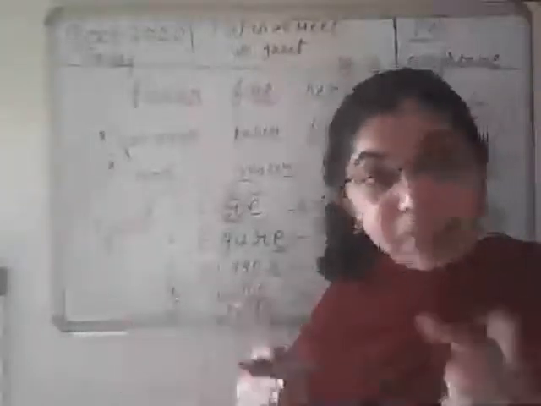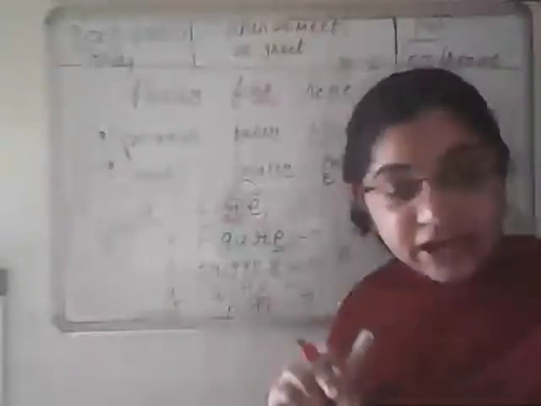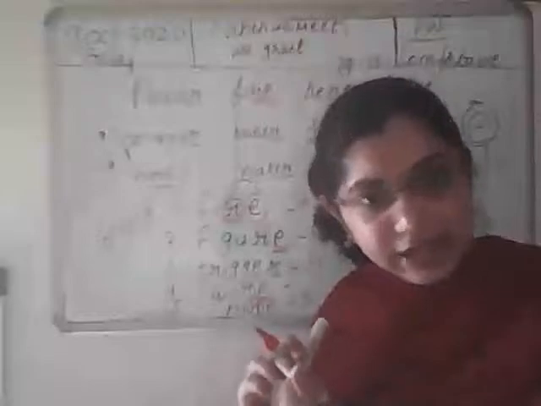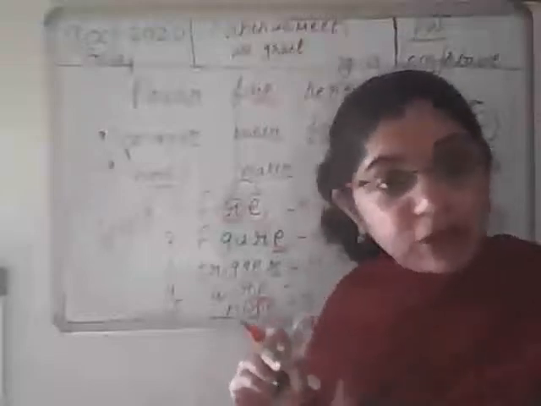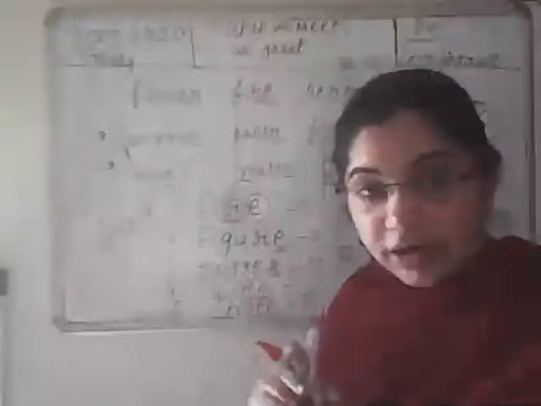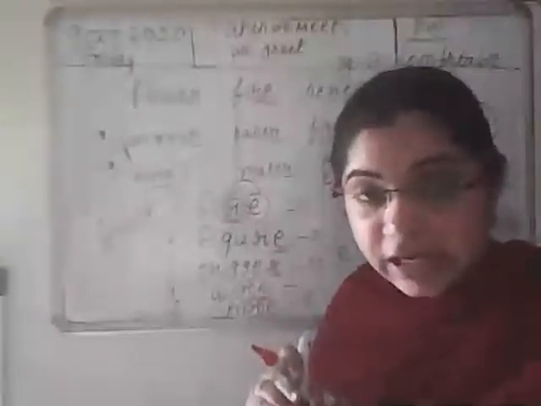Pin became pine. But when you pronounce the whole word P-I-N-E, pine, what's the last letter? The last letter is E. But actually, we are not pronouncing the letter E. We are not saying piney, right?